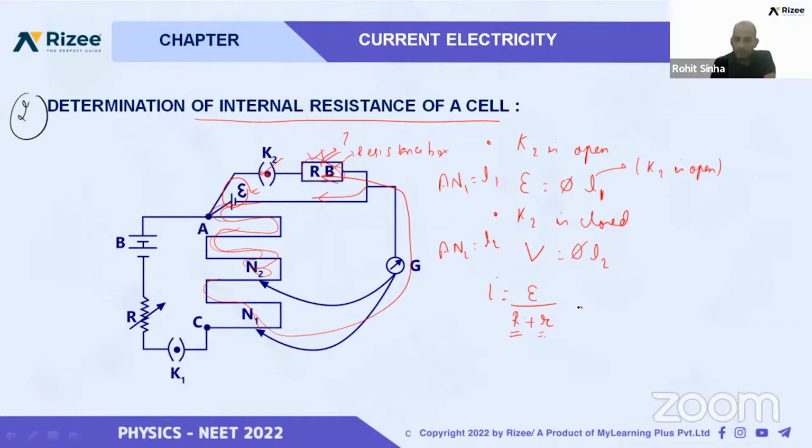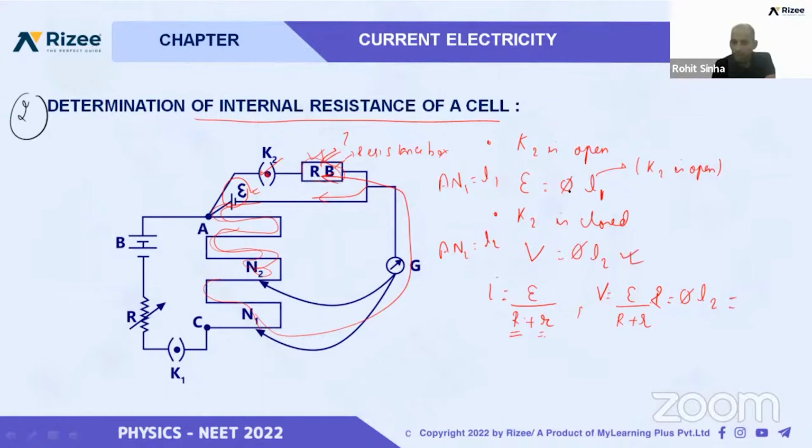Also V is equal to I into R, so we can say E by R plus r into R is equal to phi into L2. Also we can write the value of phi.